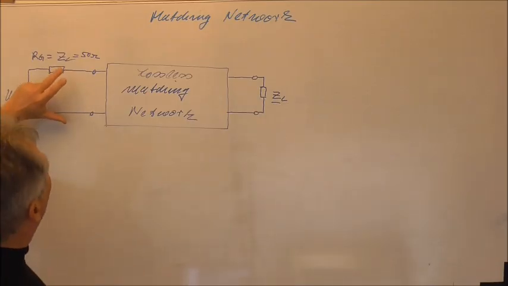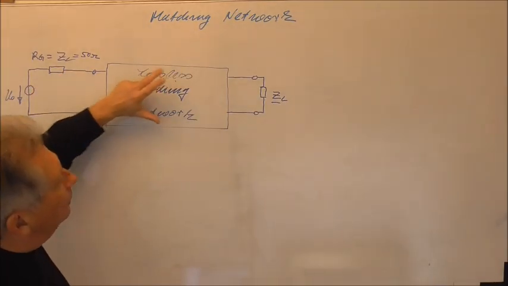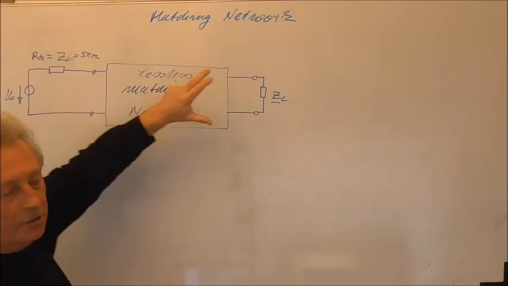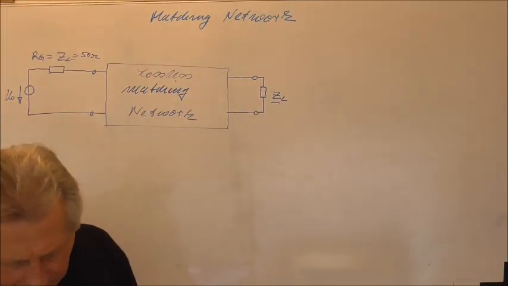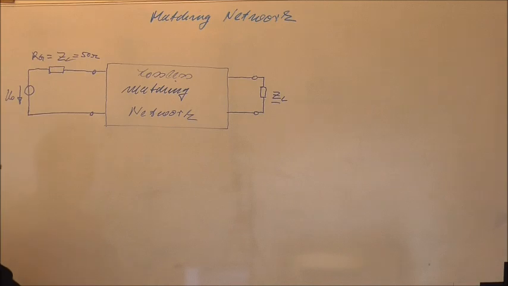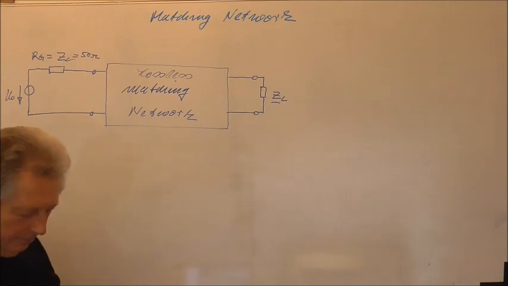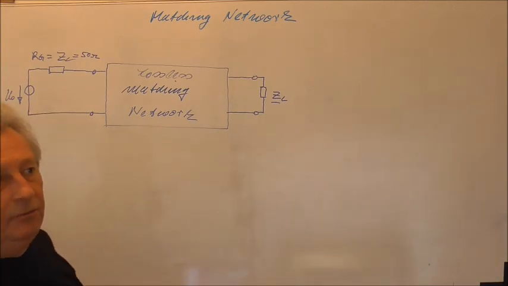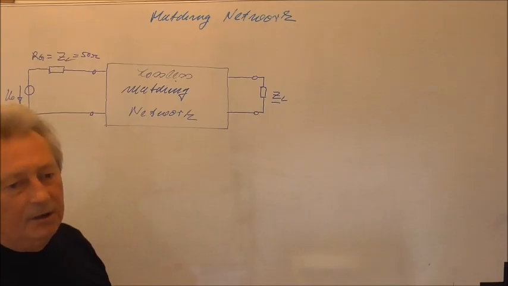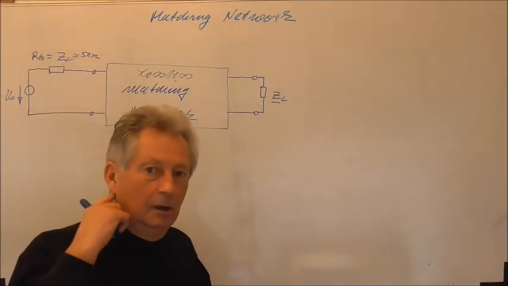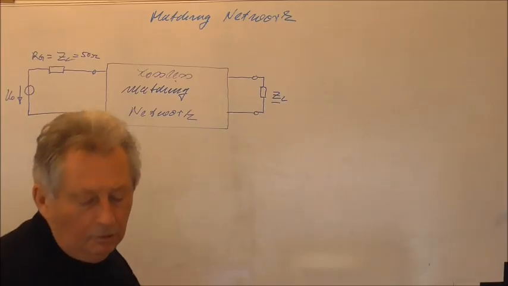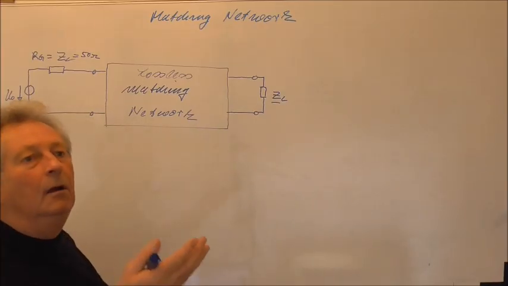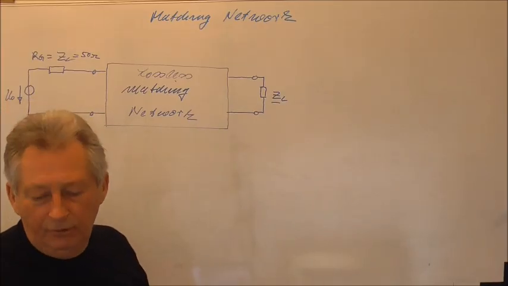want to transmit now as much energy or power as possible to our load impedance. Of course, if you have, for example, a transmitter in RF engineering, then you want to get the maximum power out of it.